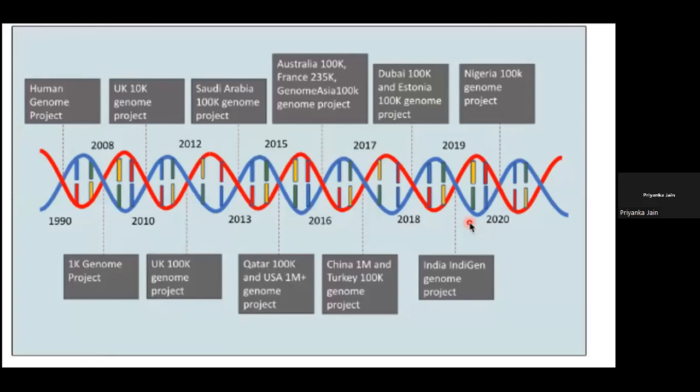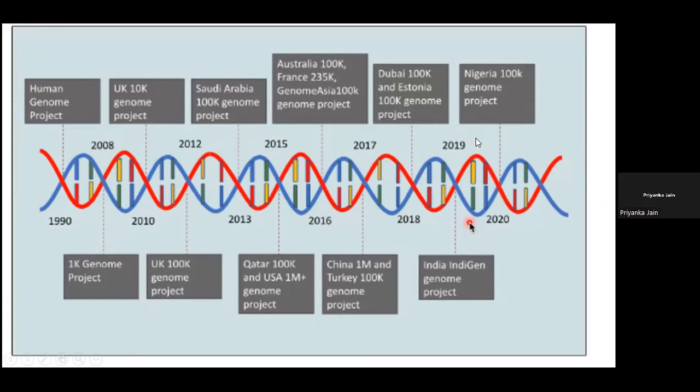Then the Saudi Arabia 10K Genome Project came. Further, on both sides you can see the UK 10K and 100K Genome Project, and then the Australia 100K genome.